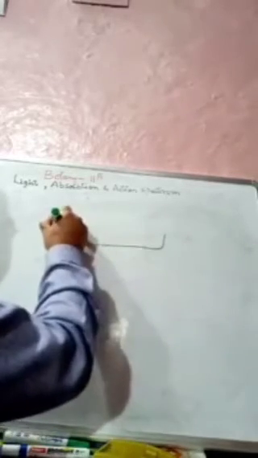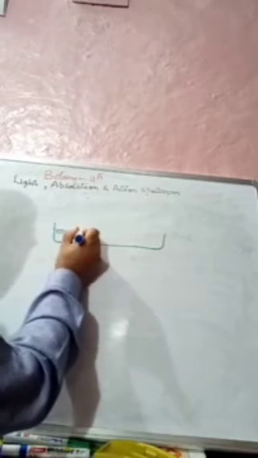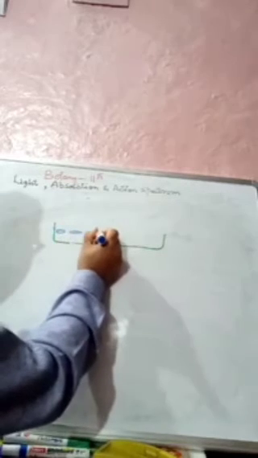See, this is the trough, and in this trough we have put this alga. Green alga is there. Like this, I will dot this. This is the green alga.